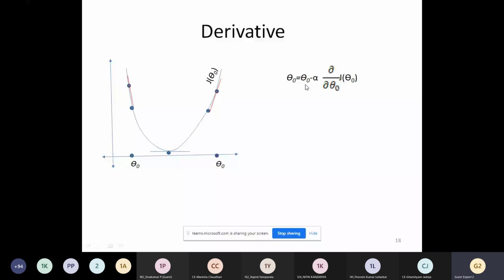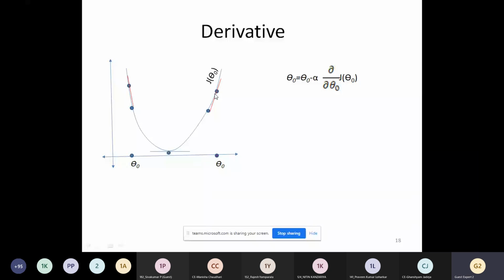So in the next iteration, you will get an increased value of theta. That could be this. Then in the next iteration, again the value of theta is increased because the slope is negative. So ultimately, after some iterations, you reach the local optimum or the minimum, the point where the cost is minimum. That is why the derivative is used to find the value of theta 0.